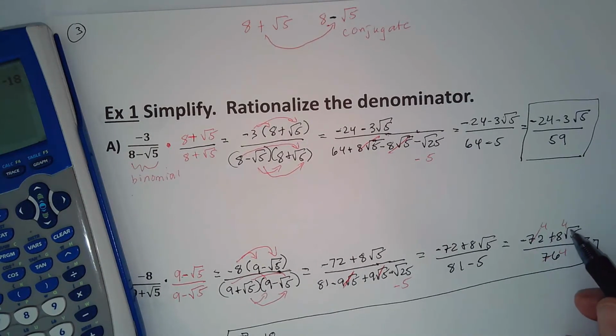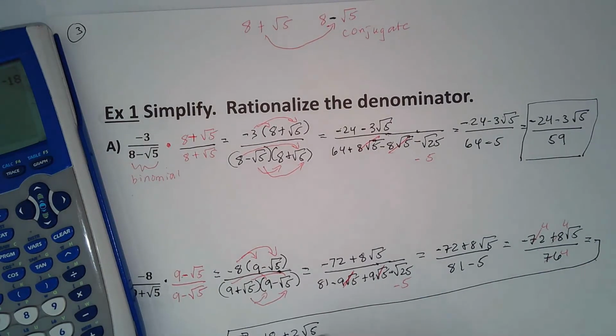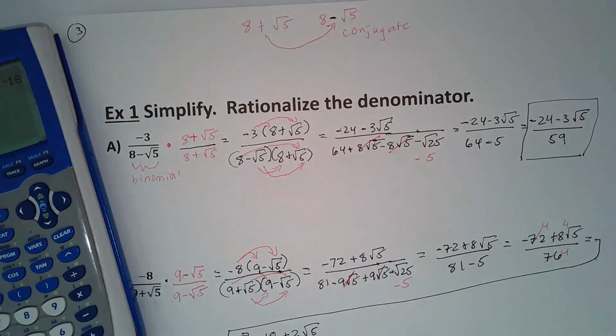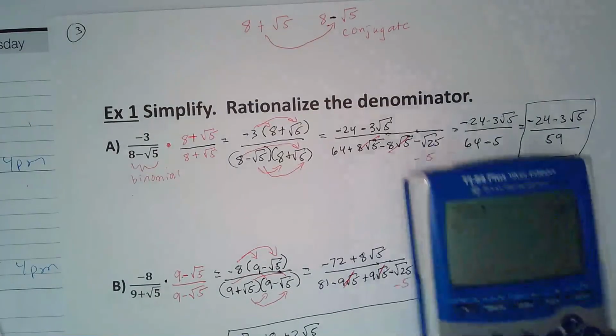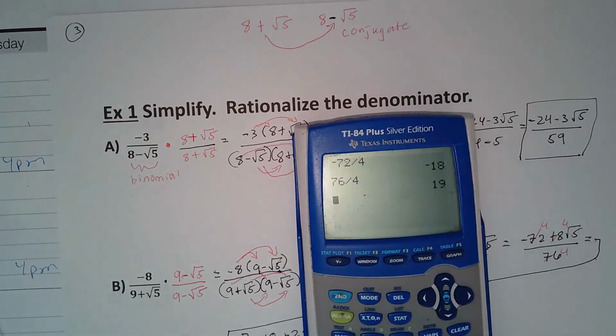Now I cannot divide 4 out of the square root of 5, but I can divide it out of 8. So, 2 times 4 is 8. So this reduces to 2. So that's negative 18 plus 2 square root of 5. Right? And then 76 divided by 4, that comes out to 19.